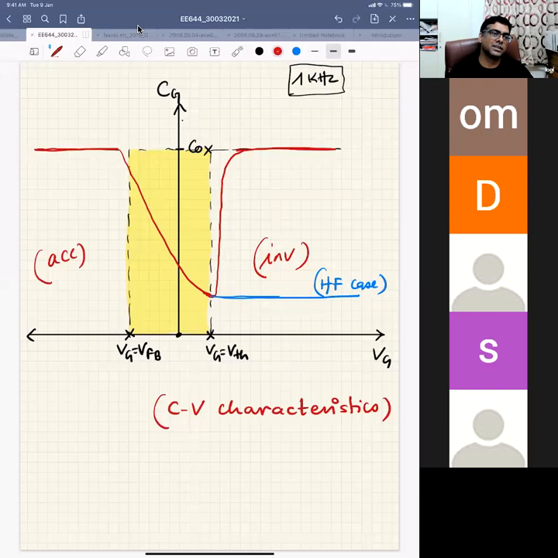Yes, sir. So if Q inversion is constant, that means my delta Q by delta V will be 0. Capacitance is delta Q by delta V, not Q by V. So you will not have this delta Q in case of a MOS capacitor if you are perturbing at high frequency.